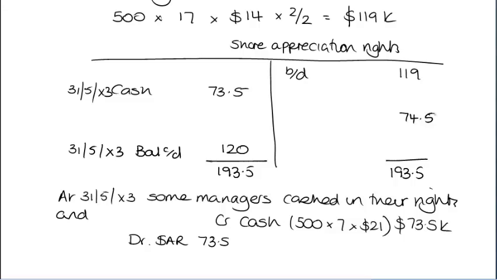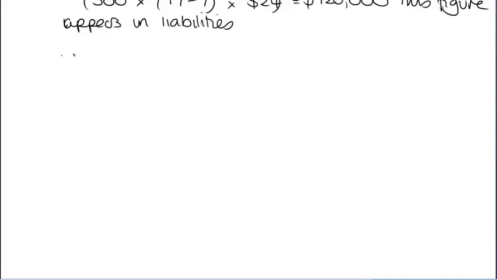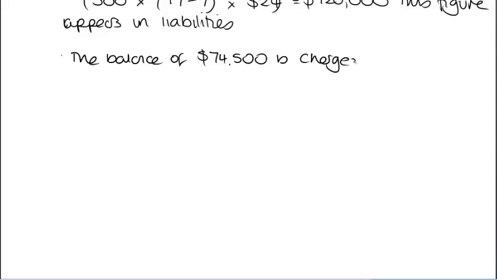Which leaves me with a balancing figure of 74,500, which is our income statement expense. So the balance of 74,500 is charged to the income statement. Dates are important, breaking down the questions is important, clearly knowledge is important as well.